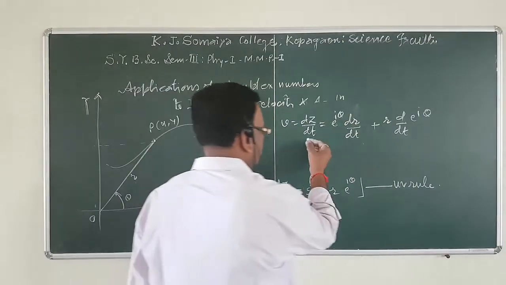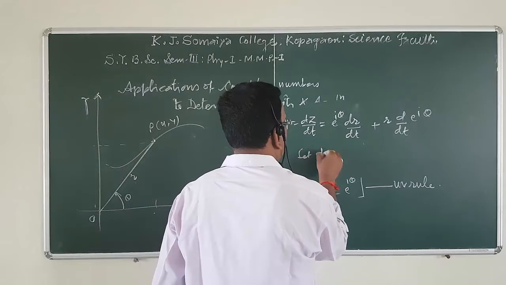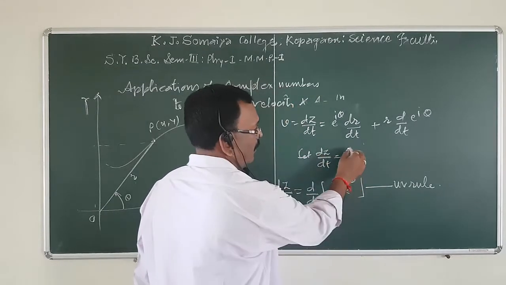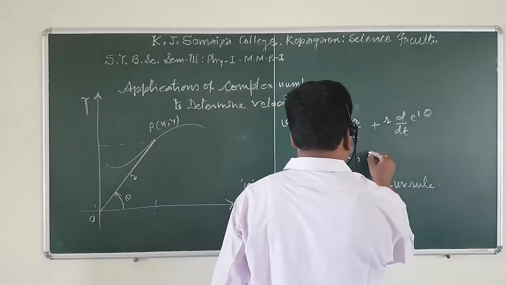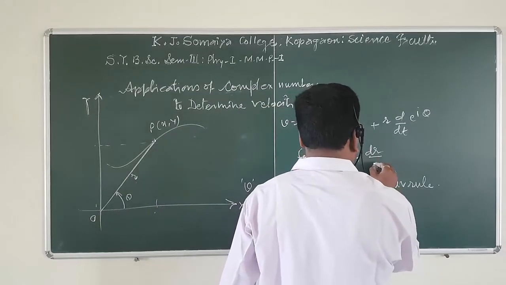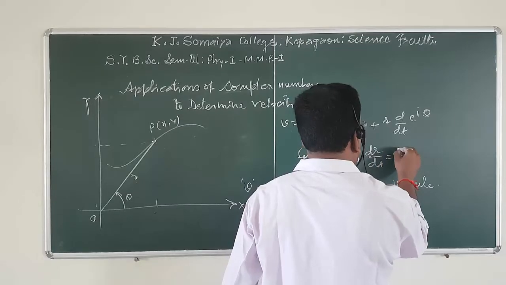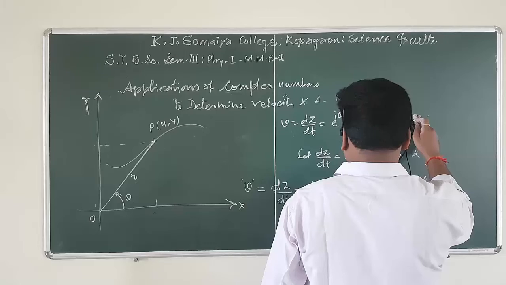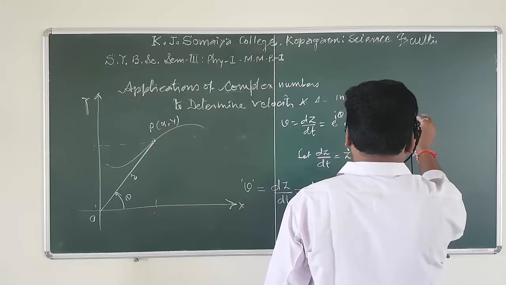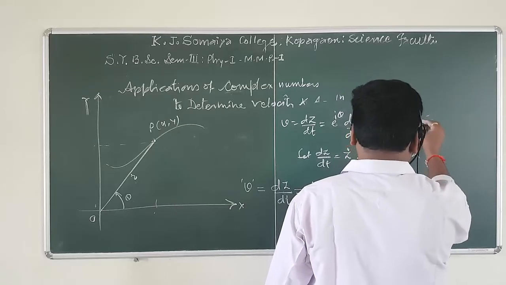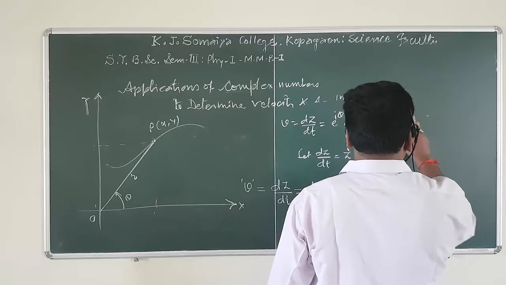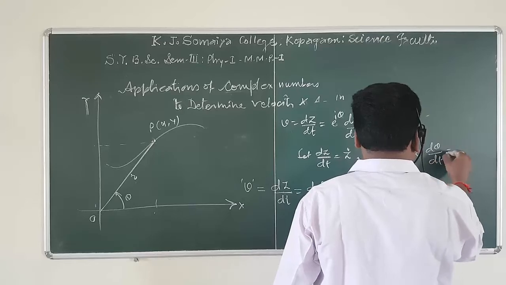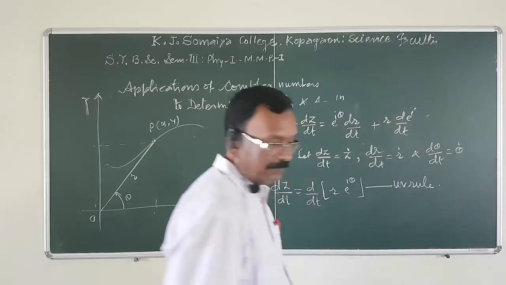But if we let dz by dt is equal to z dot, similarly dr by dt is equal to r dot, and d theta by dt is equal to theta dot.